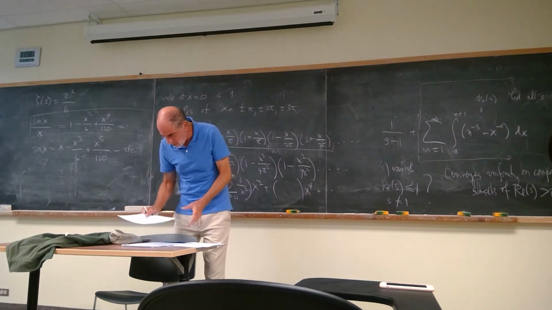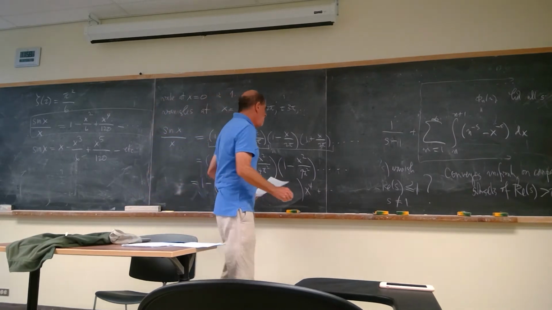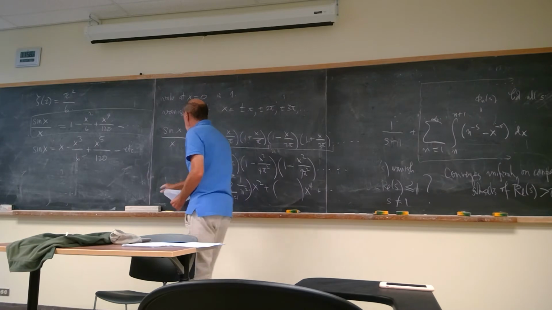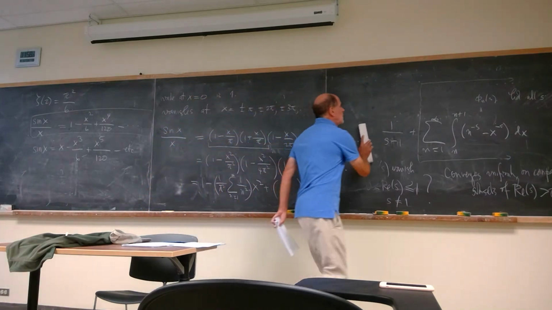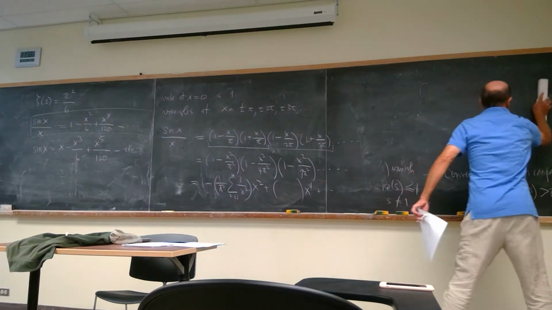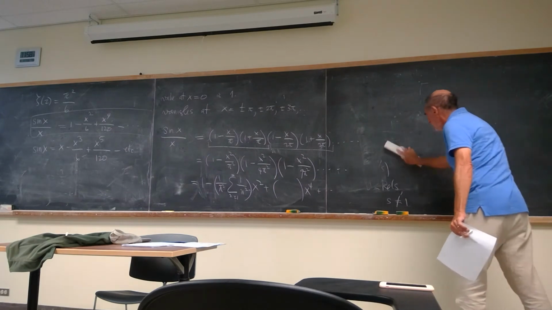And then if you wanted to know what the sum of 1 over n to the 4th was, well, you have to work a little harder, because this coefficient of x to the 4th, but Euler had a lot of time on his hands.